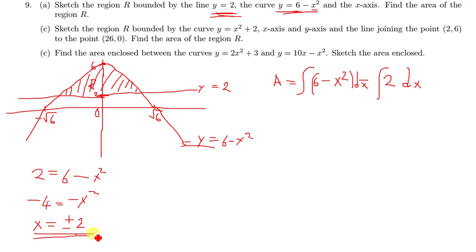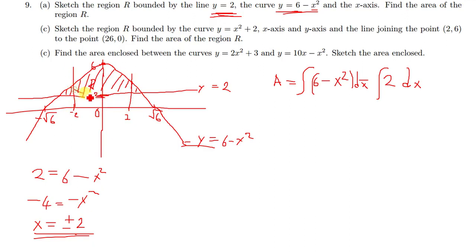So these values of x are the ones that we have as our limits. Our limits will be -2 and +2.